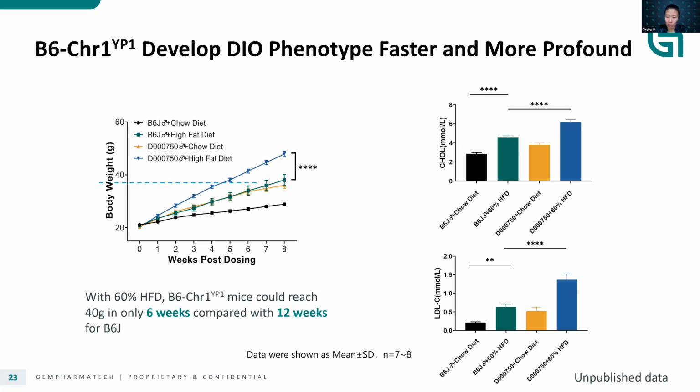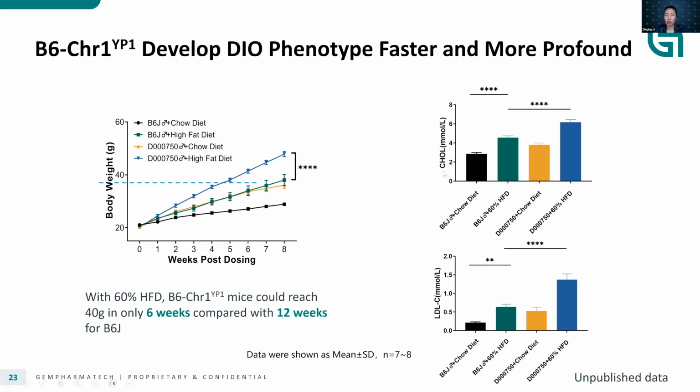So showing you here in a few slides is what we have seen when they are put on a high-fat diet. If you just focus on the graph on the left side, body weight, when these mice are put onto a high-fat diet, they become even heavier compared to B6 that are put on the high-fat diet.